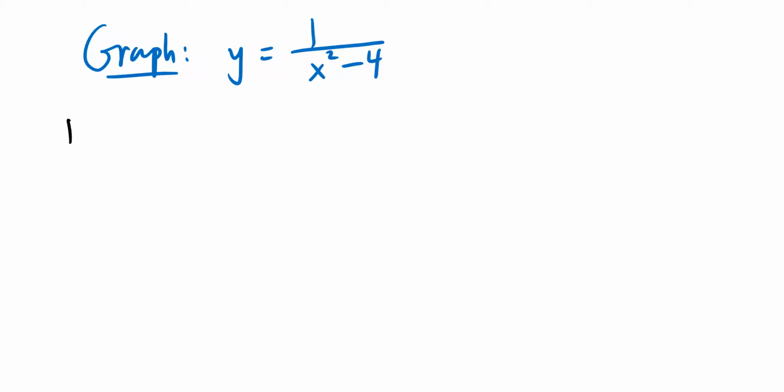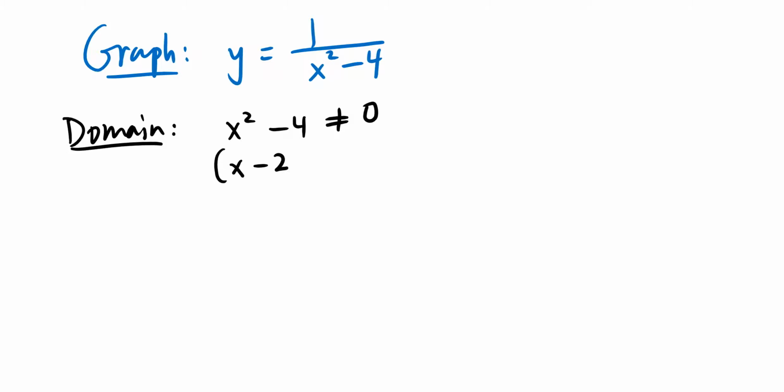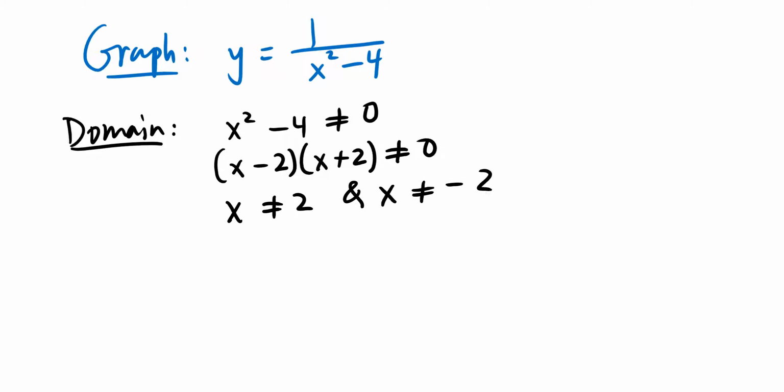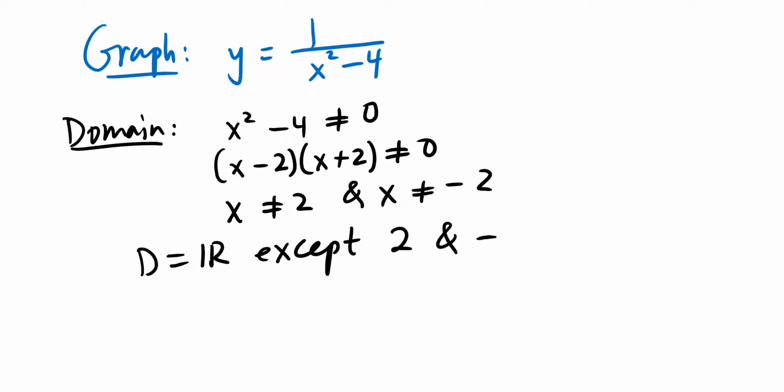Domain tells us where the graph is going to fall and where it's not going to fall. So we take the denominator not 0. Factor. Then x cannot be 2 and x cannot be -2. So the domain is all real numbers except 2 and -2.